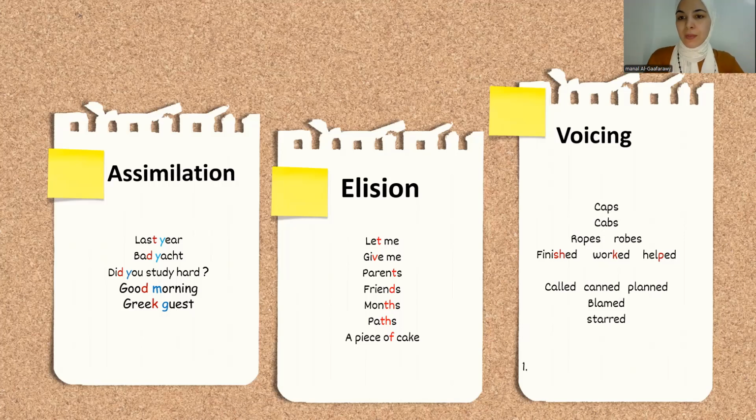That's why we need to be aware of them. However, if the ED follows a voiced consonant, it will be D as is. So called, canned, planned, blamed, starred. Okay, so it's very important to be aware of this point.